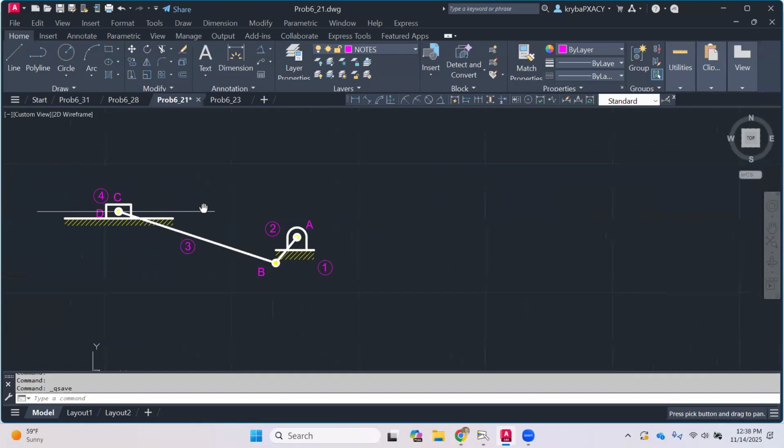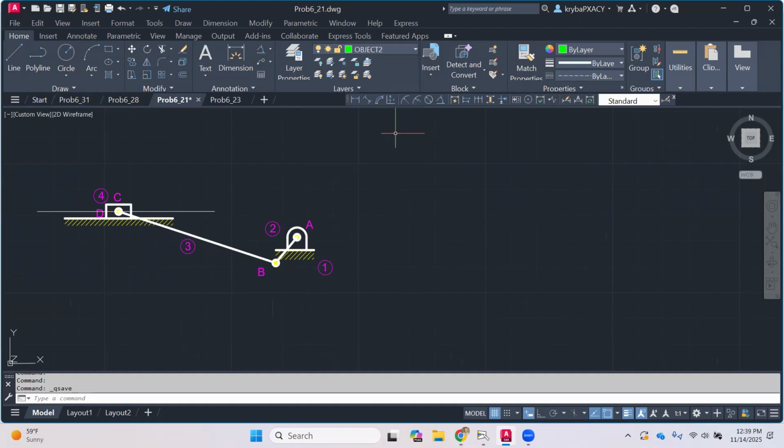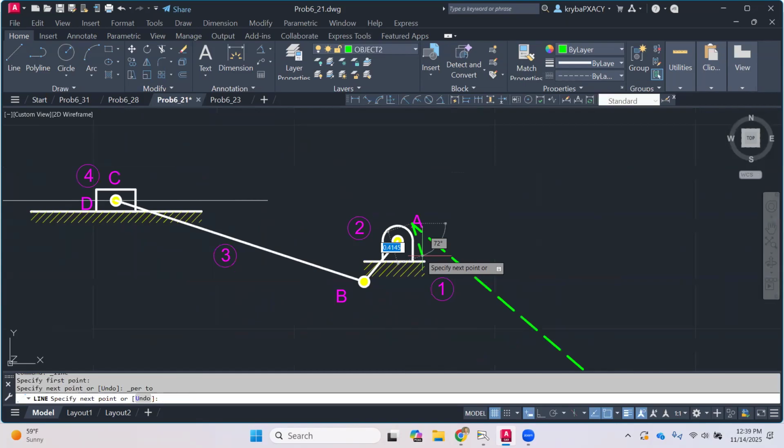So first I'm going to change my layer to a different color, because I don't want it on the object line layer. I'm going to put it on object 2, and I'm simply going to draw a line. I'm going to go kind of randomly out here, and I am going to set its orientation by being perpendicular to that line.